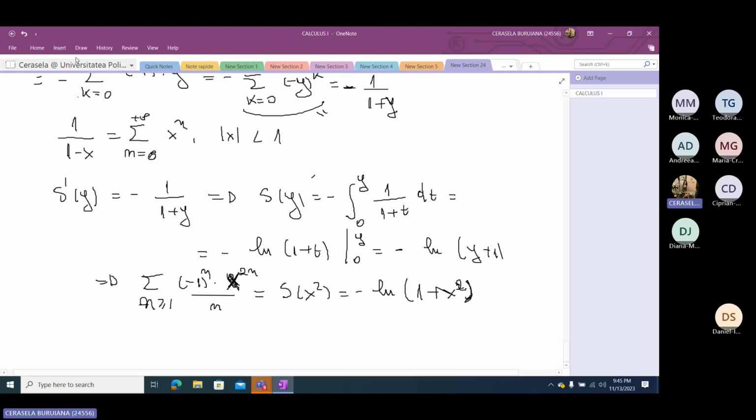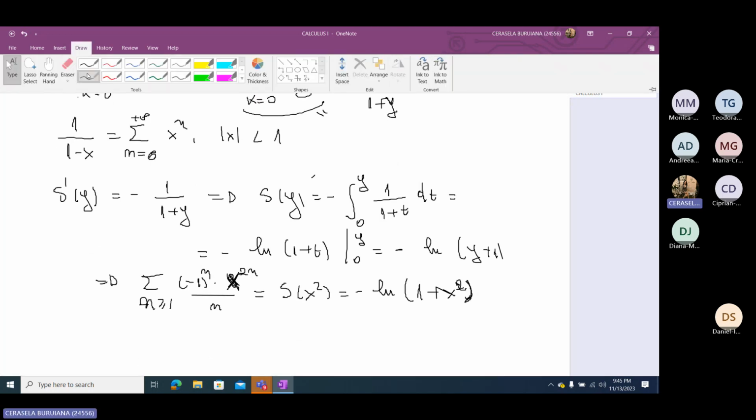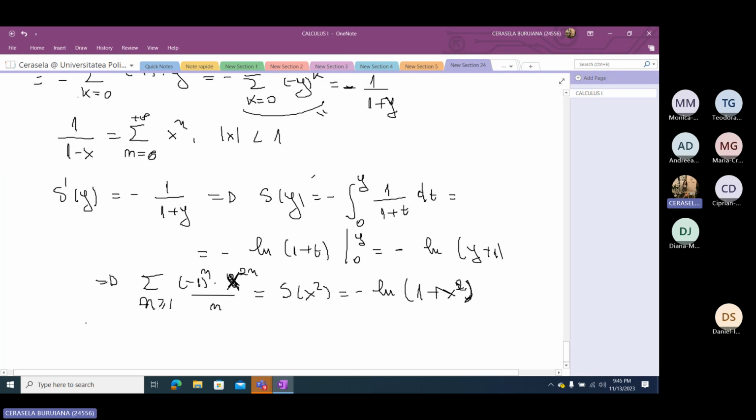And now is an application. Yeah, these things are very nice because they help us to compute the sum of some series or some series of numbers.